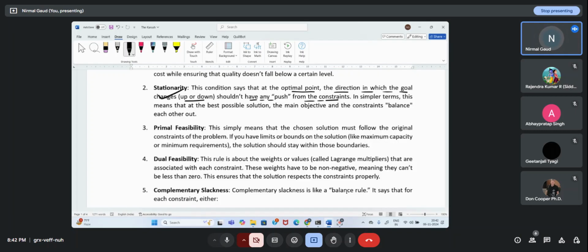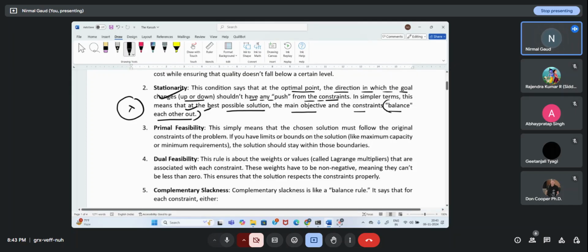In simple terms, this means that at the best possible solution, the main objective and the constraints balance each other. So who is balancing? Lambda. Lambda will behave as a balance factor. Lambda will balance the trade off between the objective and the constraint.